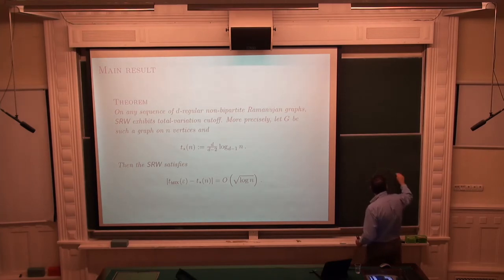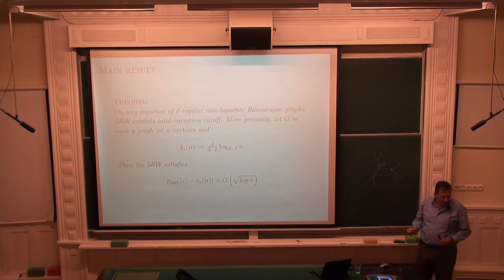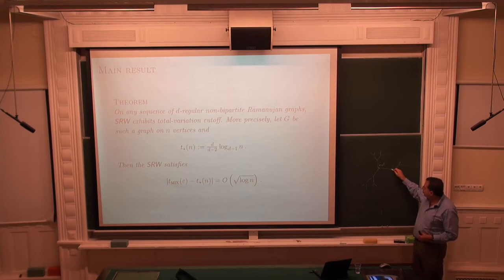Let's look at the three regular tree. Look at the particle. This is the root here. Look at the particle somewhere, except at the root, it will only spend a small time at the root. So here is some other vertex, not the root.